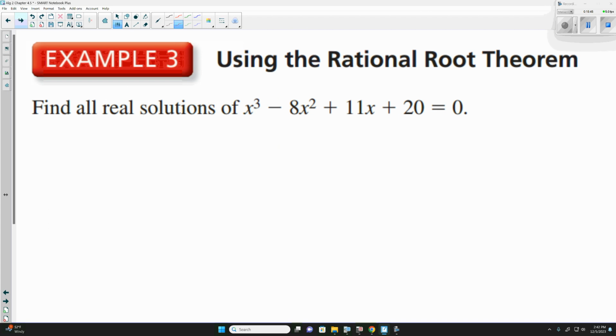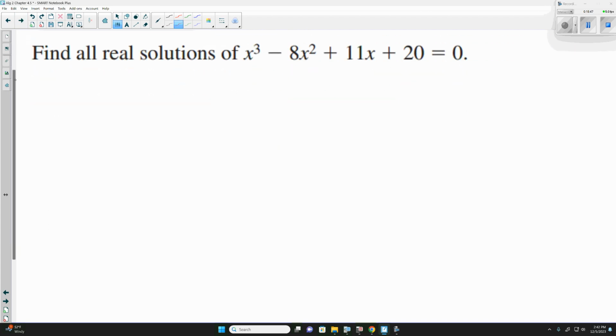All right. So we're going to find all the solutions for this here, but in doing so, the first thing we're going to find is our rational zeros, p over q, where p is the factors of the constant term and q is the factors of the leading coefficient.